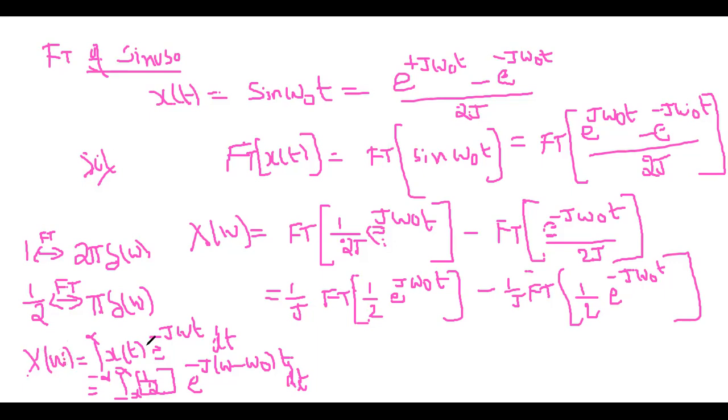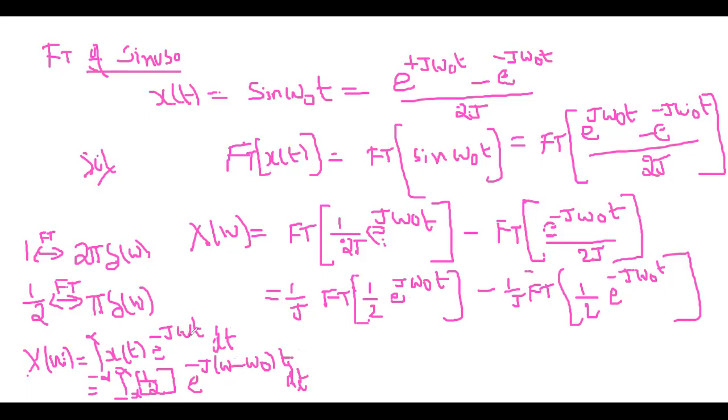Suppose x of omega is equal to e power j omega t. Now, after substituting the 1 by 2, e power minus j omega minus omega naught into t dt means it is a Fourier transformation of 1 by 2 only. What is the Fourier transformation of 1 by 2? Pi into delta of omega. What is the omega here?